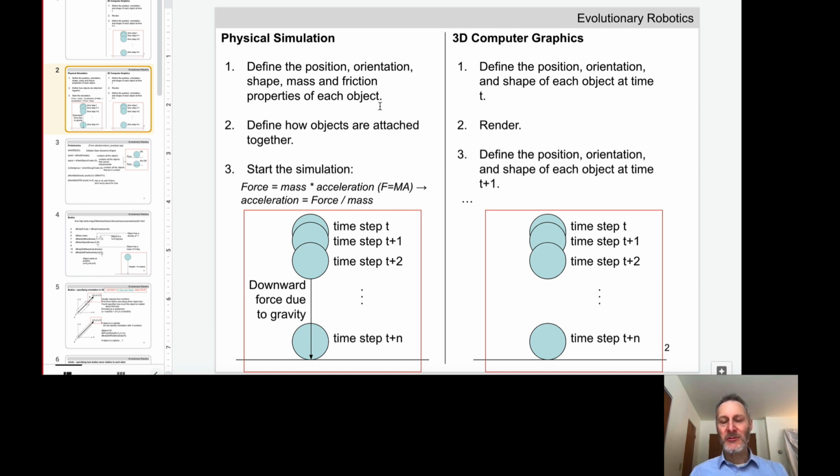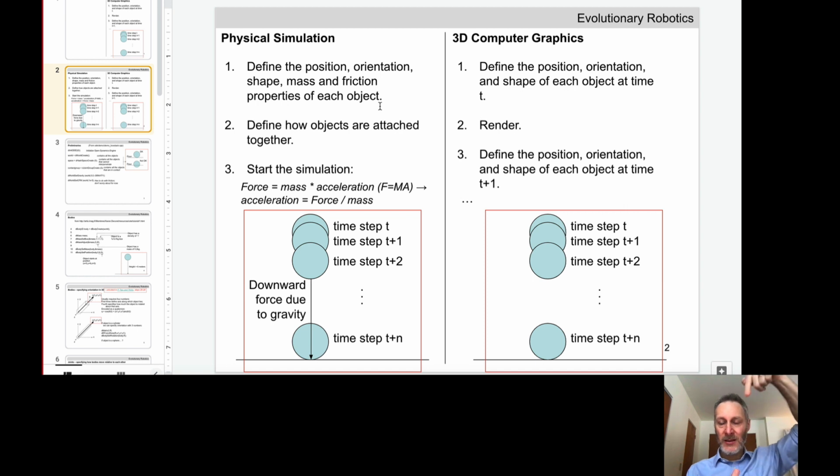The way that most physics engines do this is when two objects come into contact with one another, they push against one another. In this cartoon example here, the floor exerts a force on the object, pushing it upwards, and the strength of that force is computed to be exactly opposite to the force of gravity pulling it down.